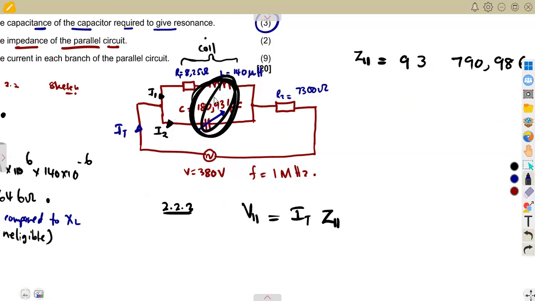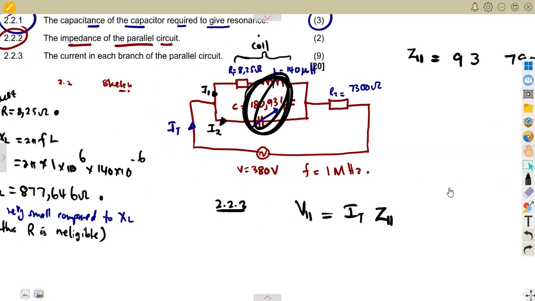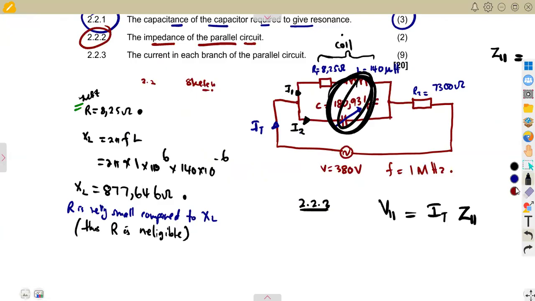And remembering that this is at resonance, where XL is equal to XC. So we already have our XC at resonance. Remember, XL is equal to XC. We have the reactance of the part where the capacitor is, which is 877.646 ohms.